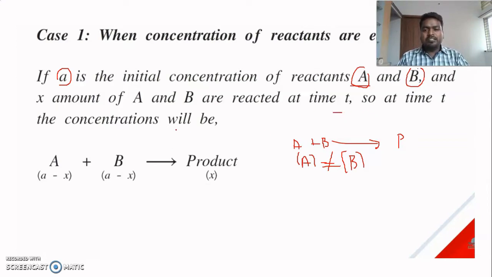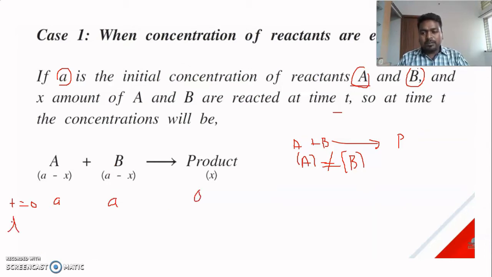Just look at the reaction. At t equal to 0, that means before the reaction, the concentration of reactant A is the initial concentration a, and B is also a, and the concentration of product is 0.